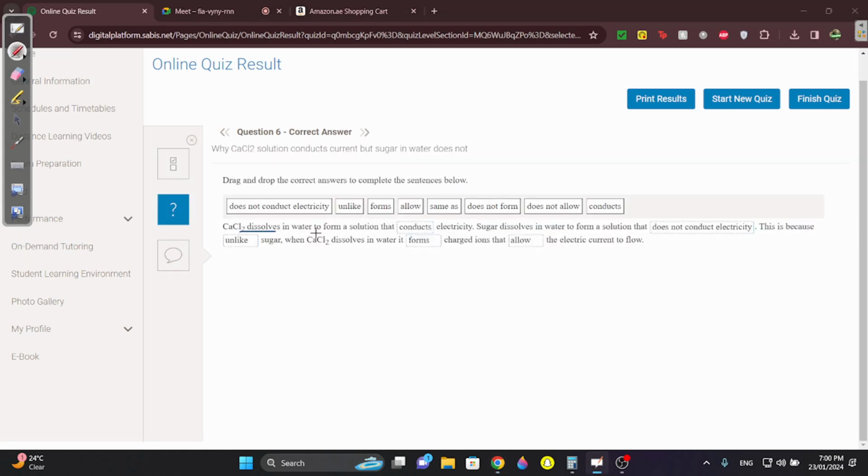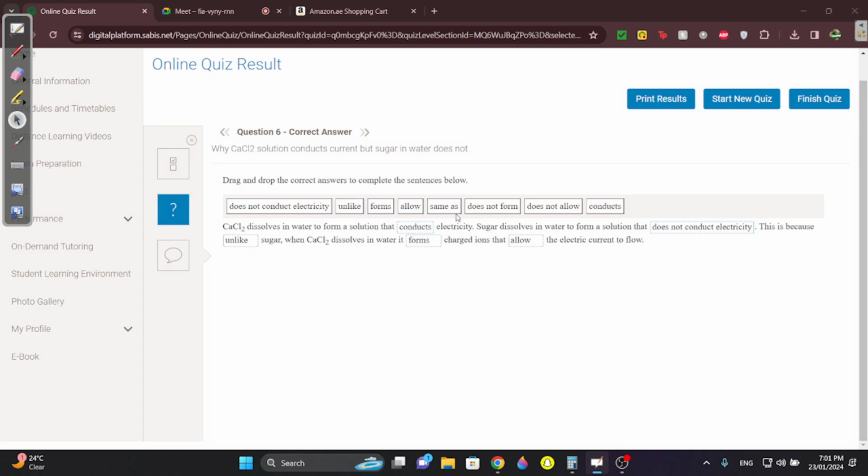Here CaCl2 dissolves in water because it's an ionic compound, right? Since it's an ionic compound, it dissolves and conducts electricity. We said ionic compounds conduct electricity. Sugar dissolves in water to form a solution that does not conduct electricity because sugar is not an ionic compound, it's a molecular compound. Sugar is C6H12O6. That's not an ionic compound.